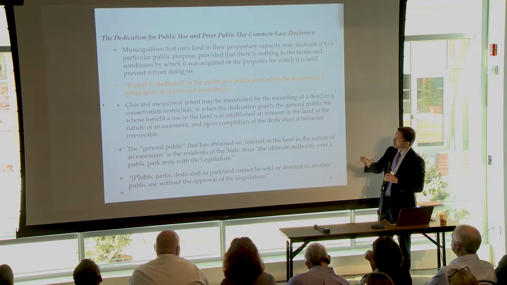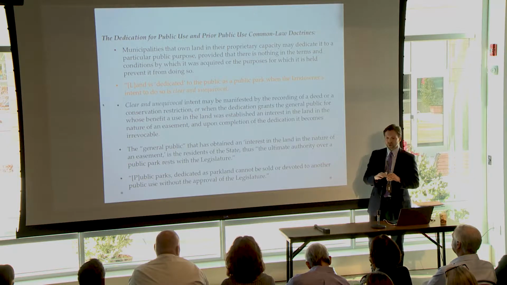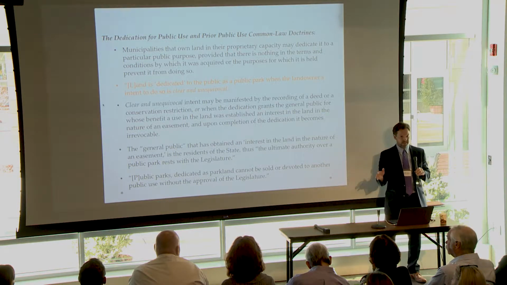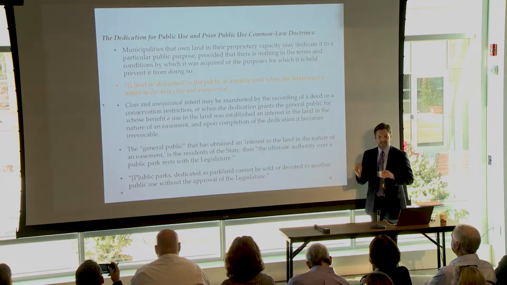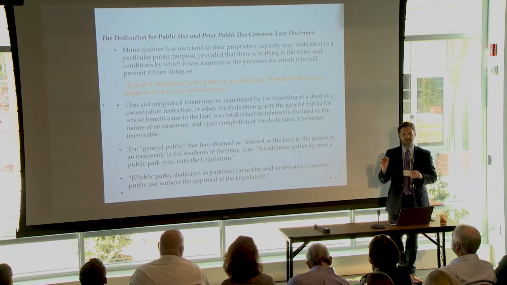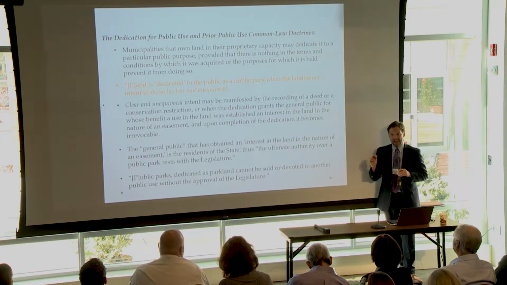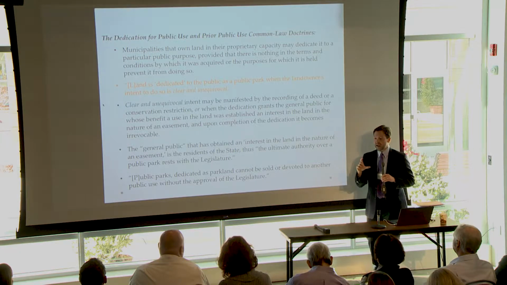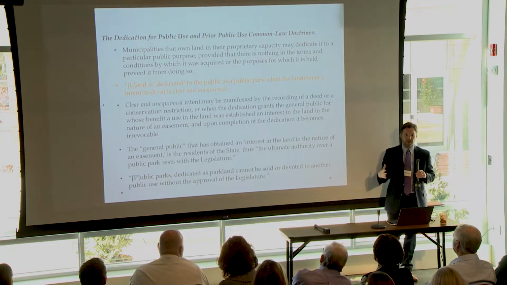So really what the court tells us is that you need to look at the totality of the circumstances, and you need to see whether the municipality has demonstrated somehow a clear and unequivocal intent to designate land for Article 97 purposes. And they don't necessarily give us a list of ways that that could happen, but they do tell us that you're going to have to look at the totality of the circumstances.